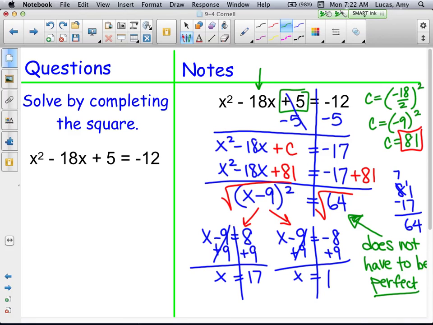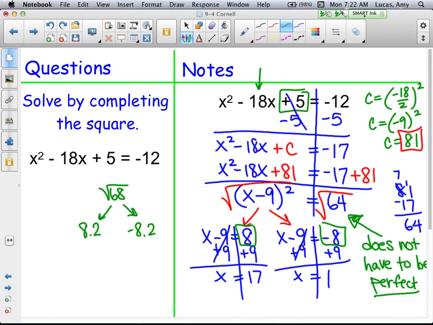So for example, if that was the square root of, just going to make up something that's not a perfect square, if that was the square root of 68 instead of 64, we would have split it and we would have just used 8.2 and negative 8.2. When we set it equal to 8 right here, it just would have been a decimal value. And that's fine. That's completely fine.